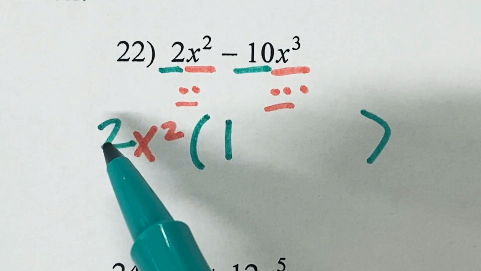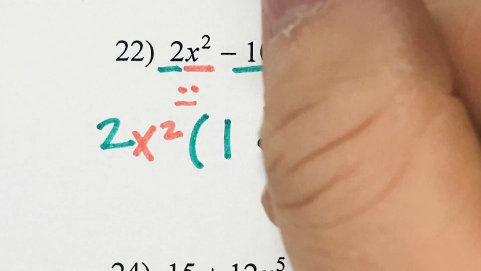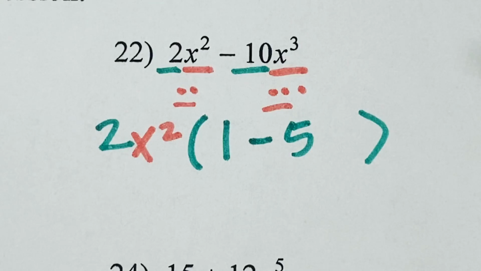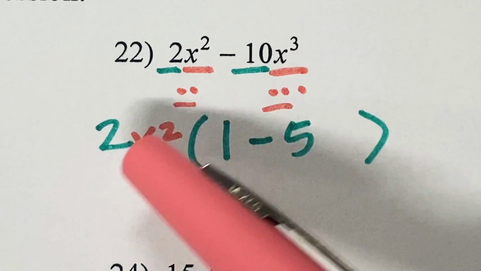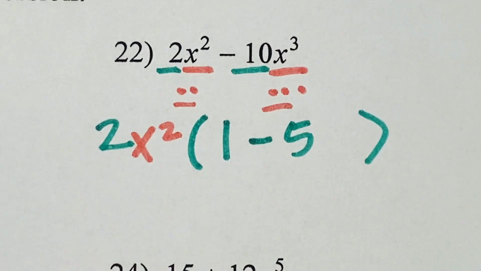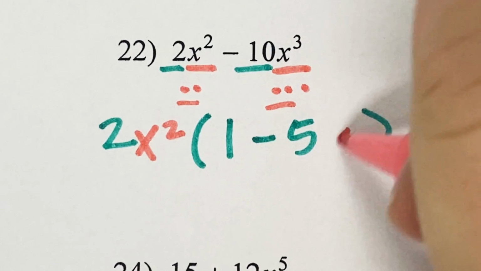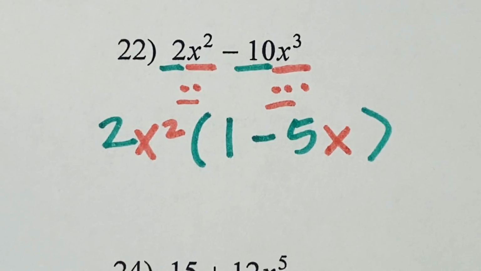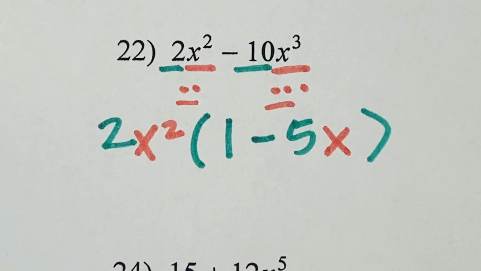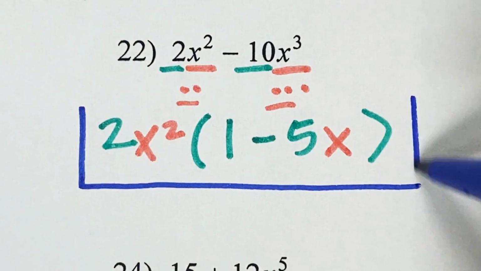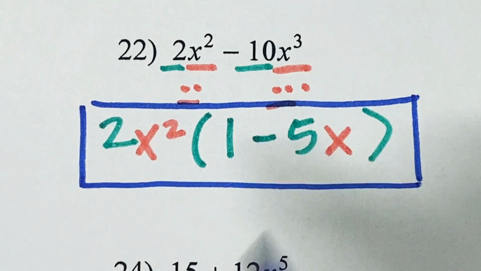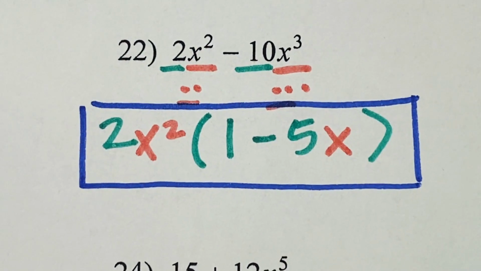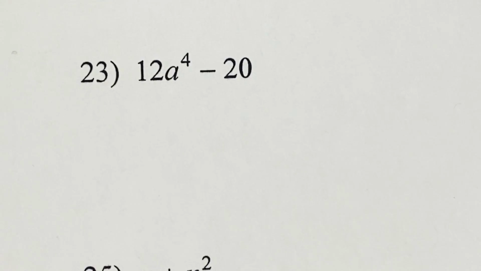Negative 5. And now for my x's, I had 3. We got rid of 2. How many are left? Just 1. So our final answer for this one is 2x squared factored out, and what was left was 1 minus 5x. Awesome.